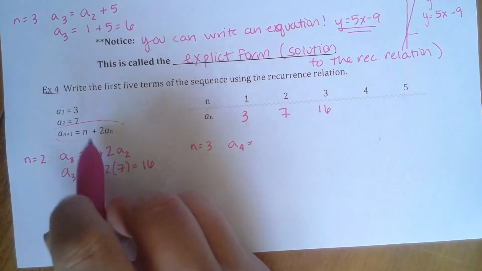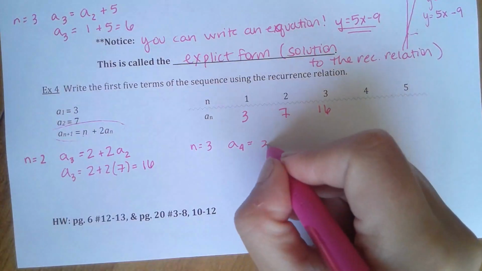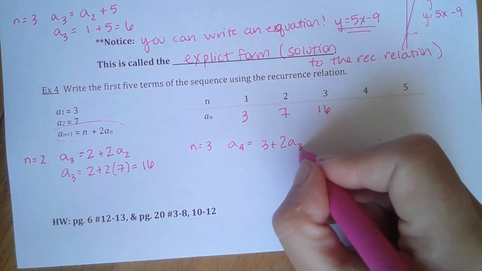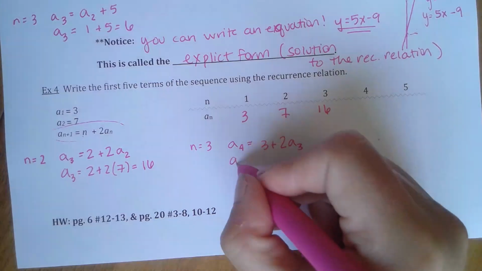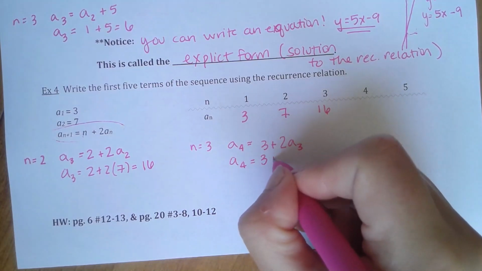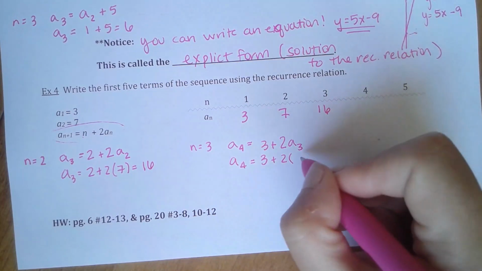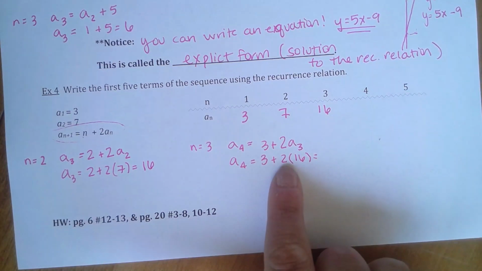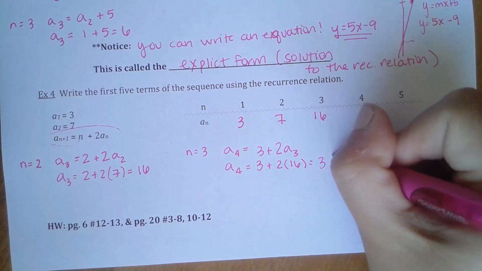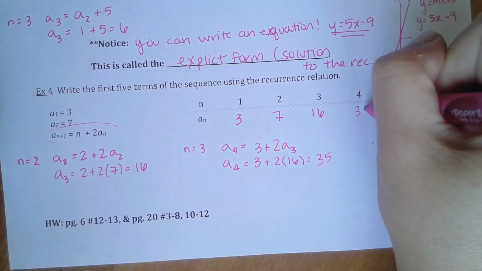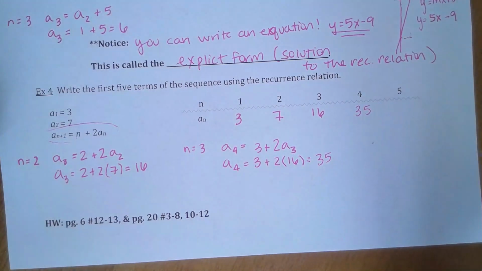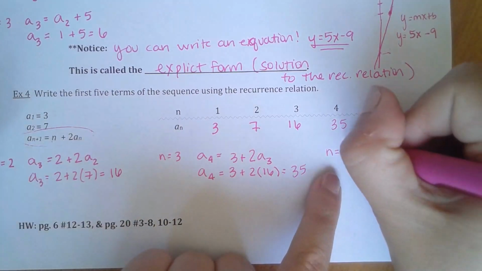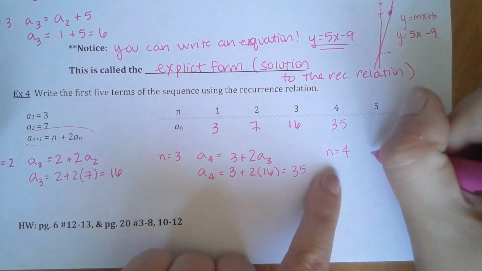So if our n value is 3, then it'd be 3 plus 2 times a sub 3. So 3 plus 2 times a sub 3, which is 16, so 3 plus 32, which is 35. That's our next value. Again, if we would go again, our next n value would be 4, n equals 4.